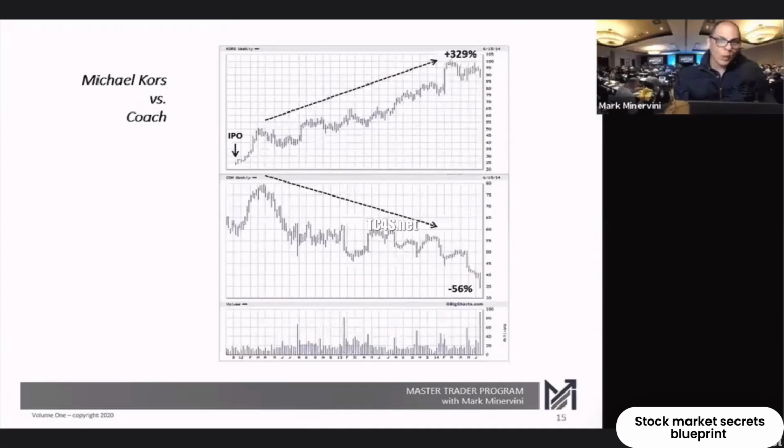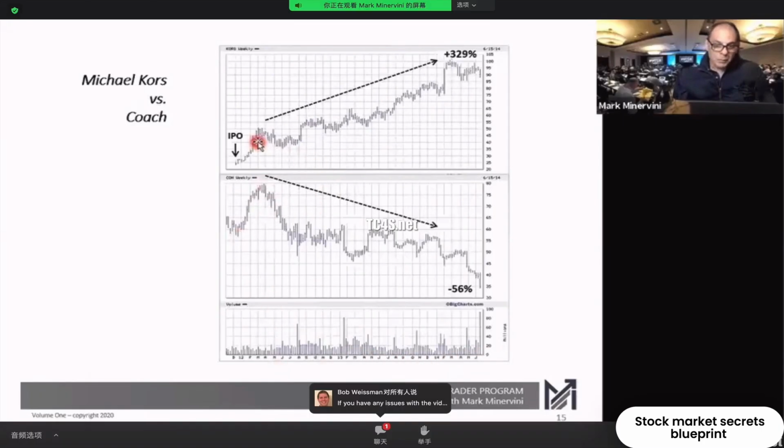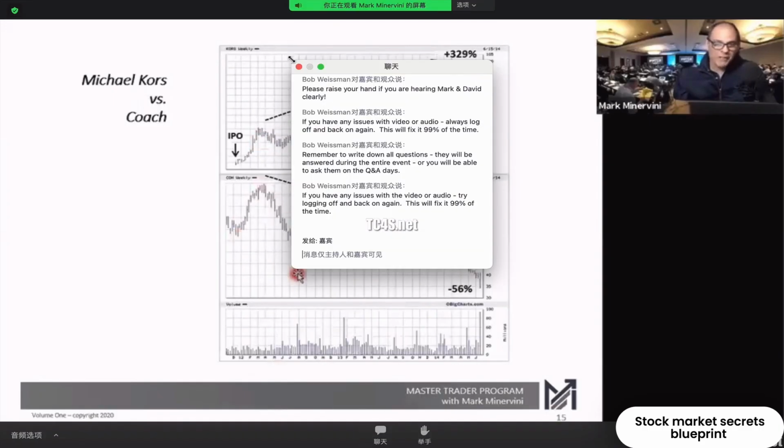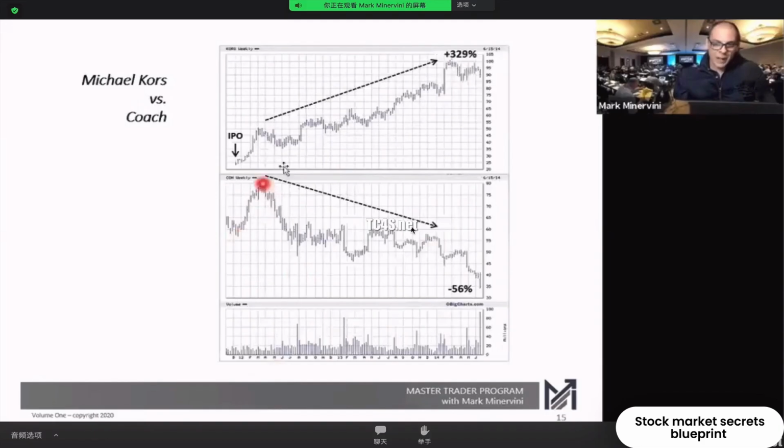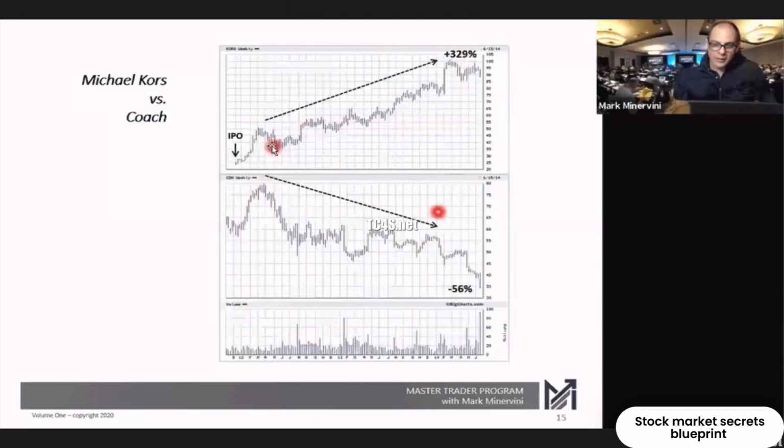And then Michael Kors came along, and take a look again. Look at the IPO, and just shortly after, Coach tops. And during this same period, which is a few years, Michael Kors goes up 329%, and Coach goes down 56%. They're literally completely opposite directions.